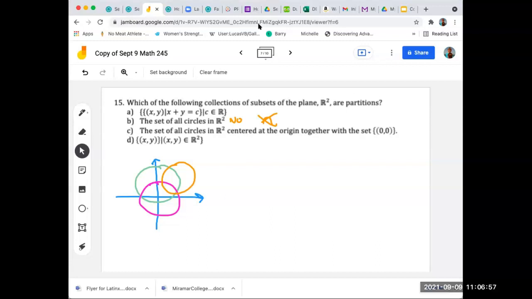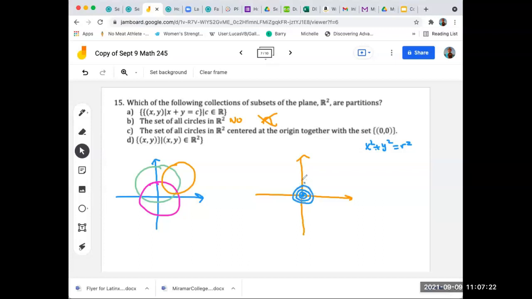All right, in part C, we have circles centered at the origin, including the origin. So the origin is one of the sets, and then you have x squared plus y squared equals r squared. You can choose r to be any real number, so you can have different radii.